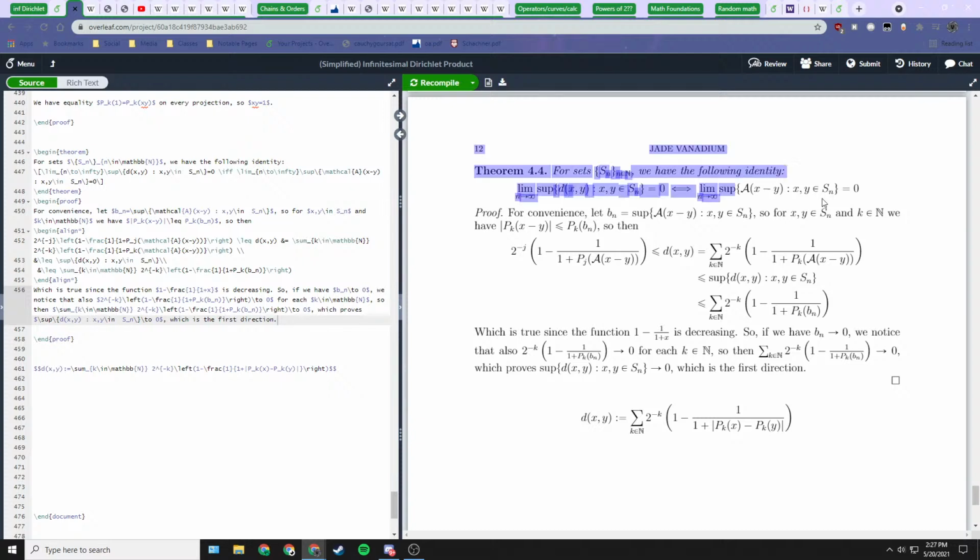But that's the first direction. If the supremums of the a function are going to 0, then the supremums of the d function are going to 0. The second direction will be if we prove it the other way around.